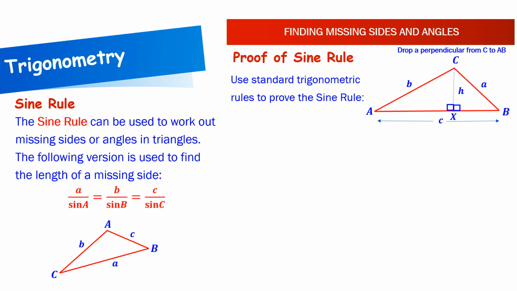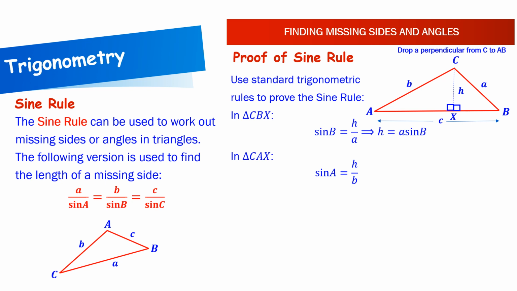We're going to use standard trigonometric rules to prove the sine rule. So in triangle CBX, shown on your screen, sine B equals h over A. Rearranging gives us that h equals A sine B.